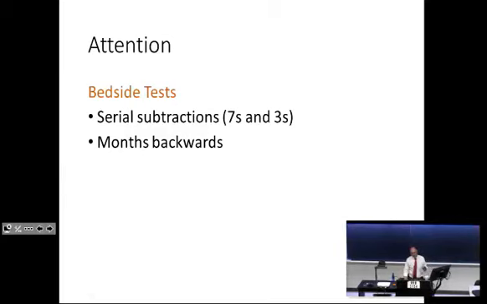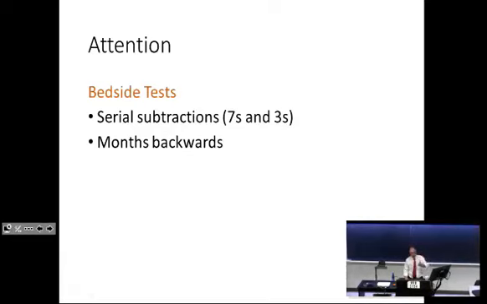And serial subtractions refers to asking a person to start at the number 100, and you say, I want you to take away 7. 7 is very common. And keep taking away 7s. That is only a measure of attention, by the way, if a person is able to do the arithmetic. But to do that, you have to keep in mind what the task is.